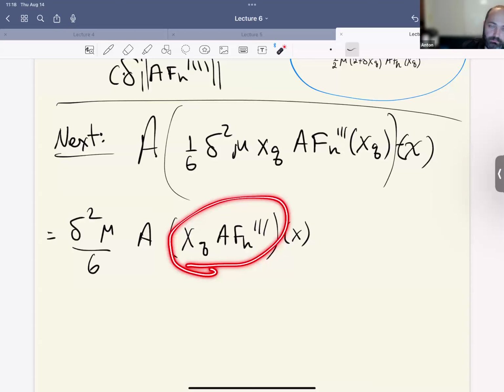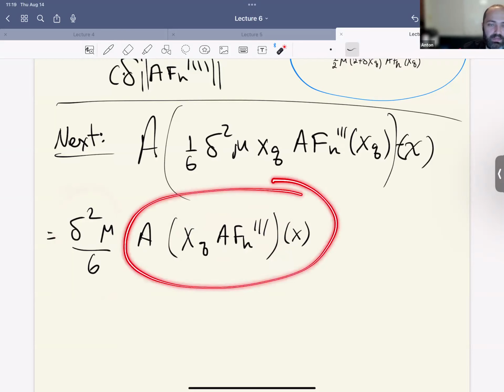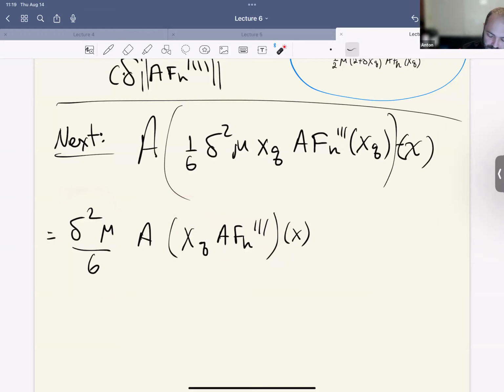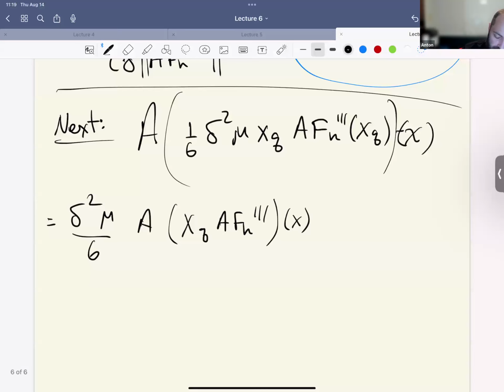If you want to analyze this term, you could again use the product rule and then all of these four properties to bound these things, but that's unnecessary because you're not going to get a better bound. You're not going to be able to squeeze an extra delta out of it. All of the deltas are already squeezed out of it. So really, we want to bound this by some constant factor.